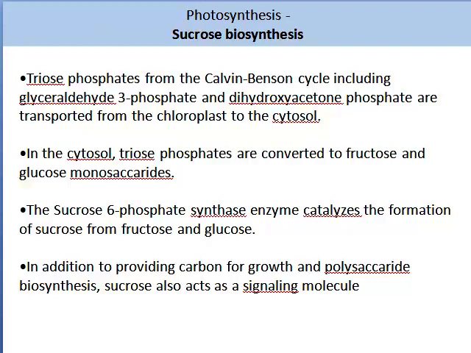The sucrose 6-phosphate synthase enzyme will catalyze the formation of sucrose from the molecules fructose and glucose. In addition to providing carbon for growth and polysaccharide biosynthesis, sucrose also acts as a signaling molecule. From an agricultural perspective, sucrose is probably the most common sugar to be transported around the plant.